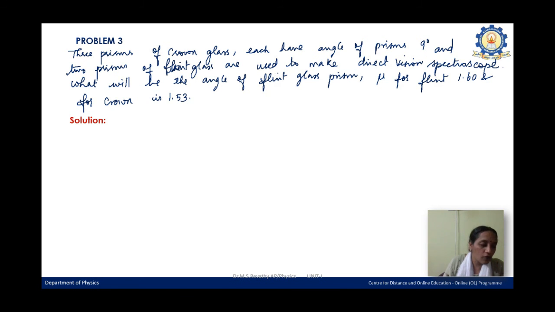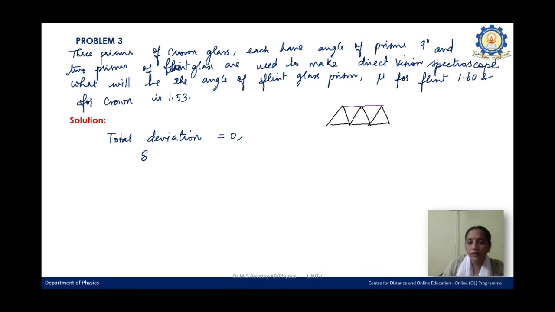You just follow me. The solution for this is, first of all, the net deviation or total deviation in a direct vision spectroscope is equal to 0. If you add all the deviations in each of the prisms, remember we had 3 crown glass prisms and 2 flint glass prisms.